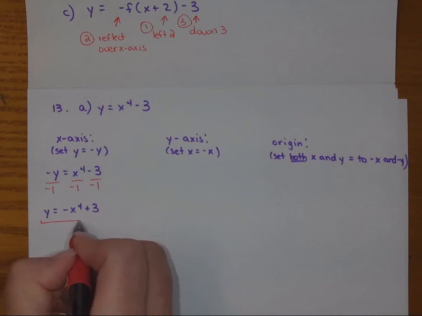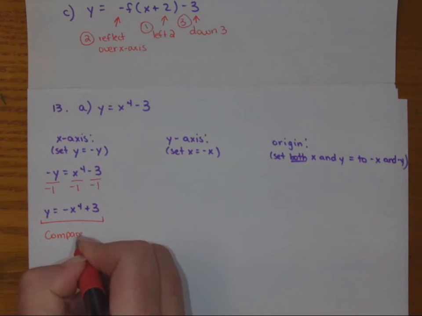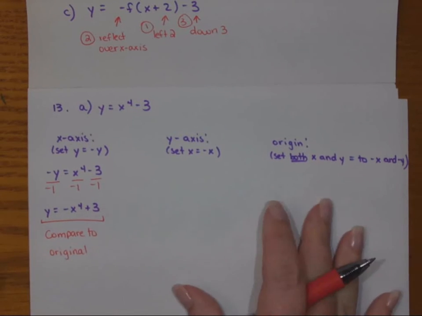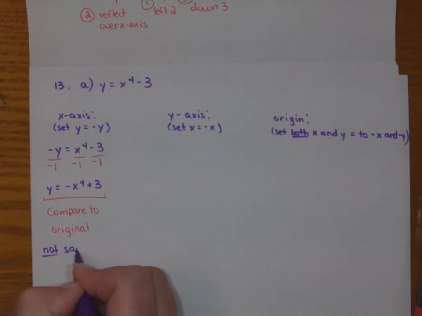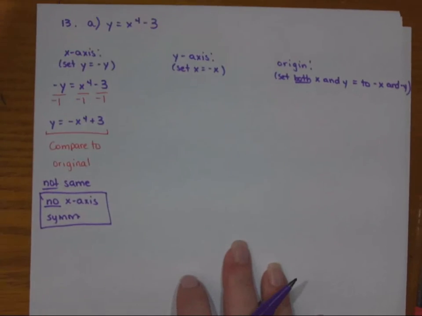And then what you're supposed to do is compare this to the original. Okay, and notice that it is not the same. So if it's not the same, then it doesn't have that kind of symmetry. So it has no x-axis symmetry. This is similar to what I'm going to want to see work-wise on your test.